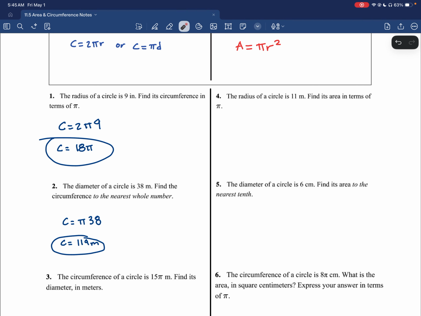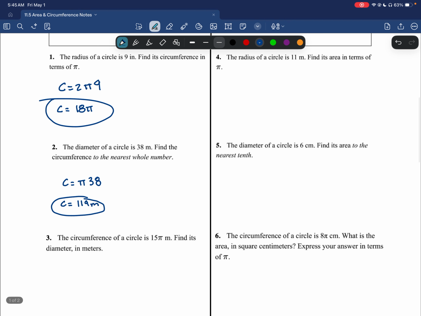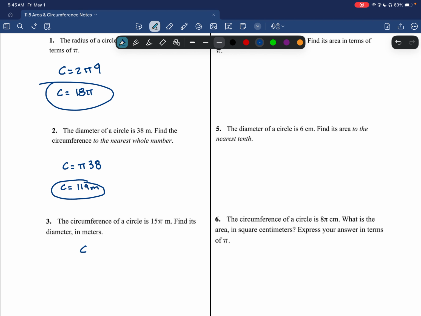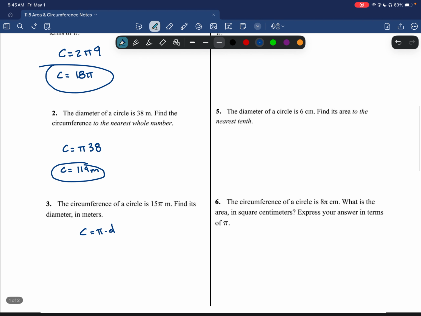I want the diameter, so I'll use the equation that already includes the diameter. My generic equation is circumference equals pi times diameter. I can plug in 15 pi for the circumference, so it'll be 15 pi is equal to pi times the diameter.